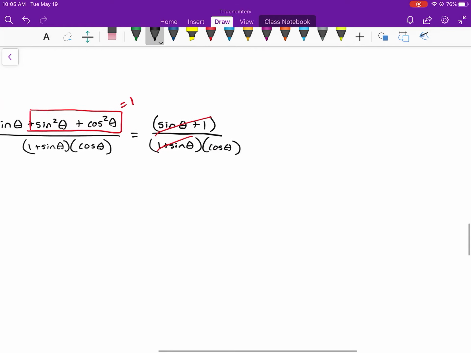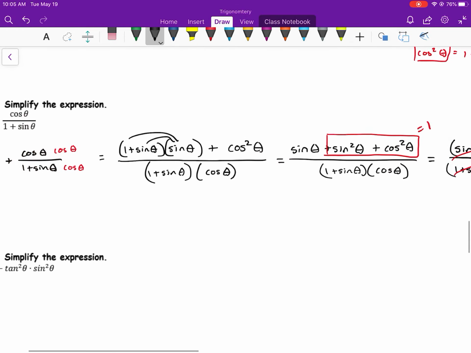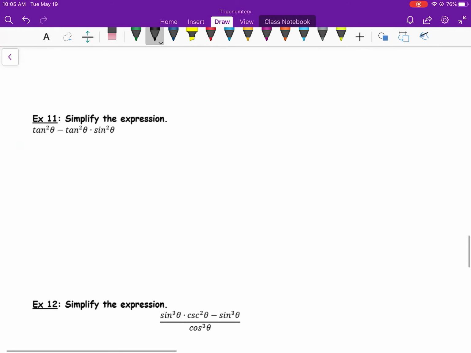So they can cancel out. Equals 1 over cosine of theta, which reciprocal of that is secant of theta. Cool. All right, 2 more.